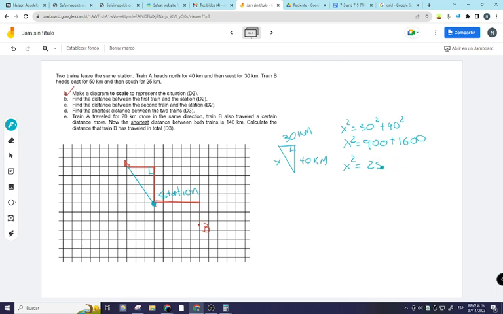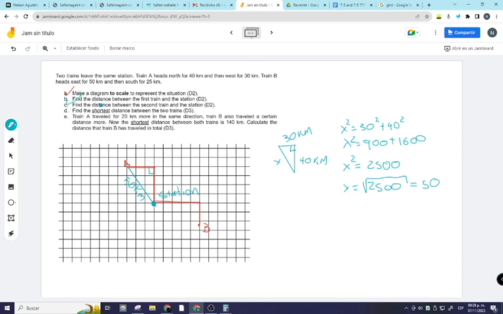No, excuse me, 2500. And x is the square root of that, which is 50. So it's 50 kilometers.